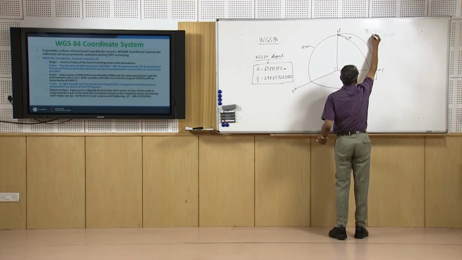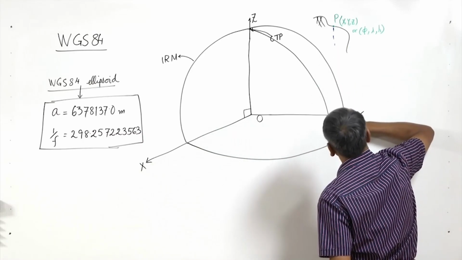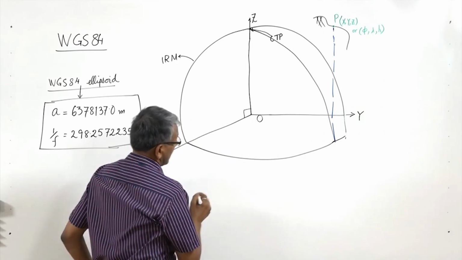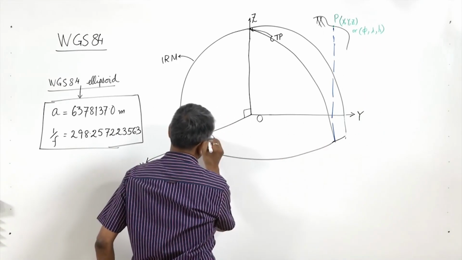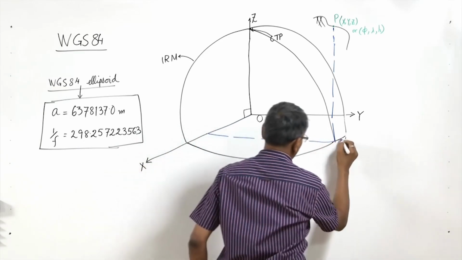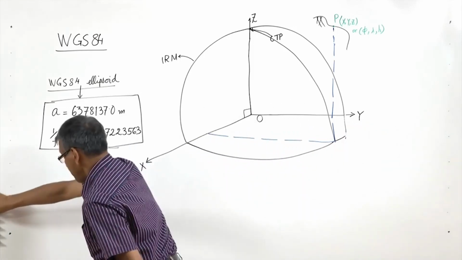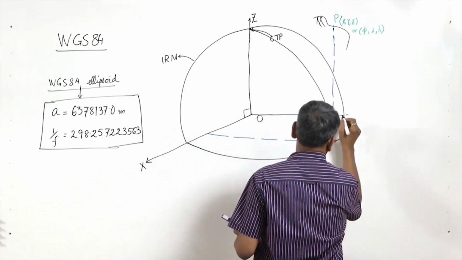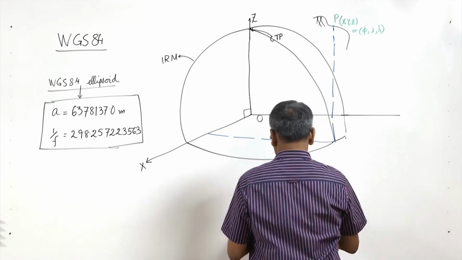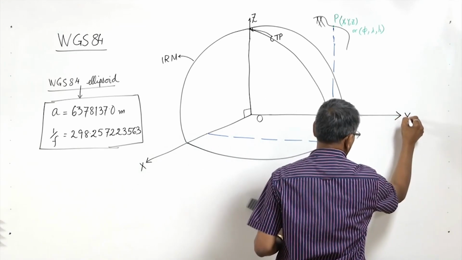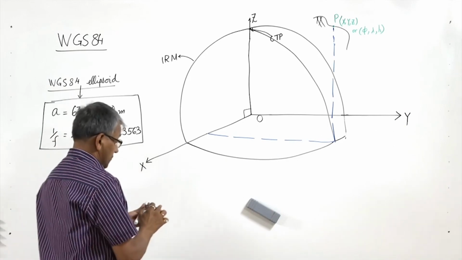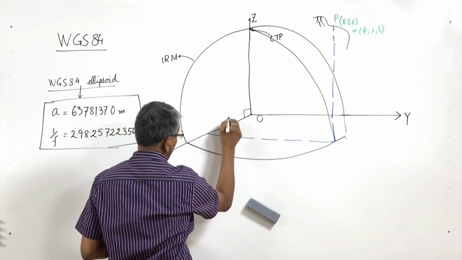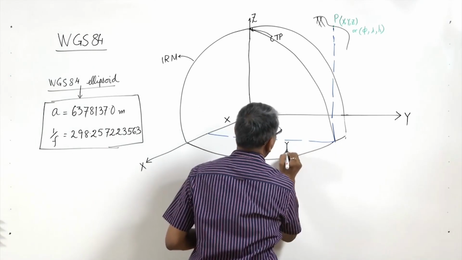If we drop a perpendicular, then here you can see this point P we can reach from origin O by taking the route, this is the x and this is the y and this is the z.